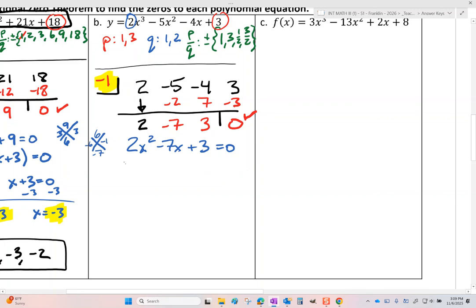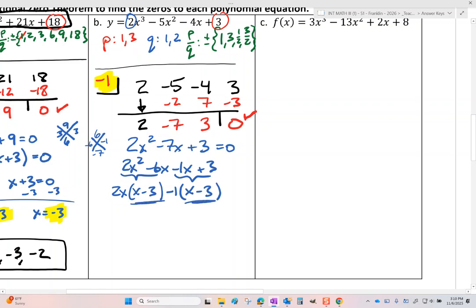So we split that middle term, right? 2x squared minus 6x minus 1x plus 3. And then we factor by grouping. So we can take out a 2x here, that leaves x minus 3. I can take out a -1, which leaves x minus 3. So there's one binomial factor, x minus 3. And my other one is 2x minus 1.